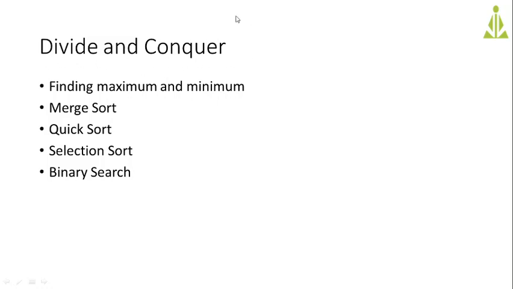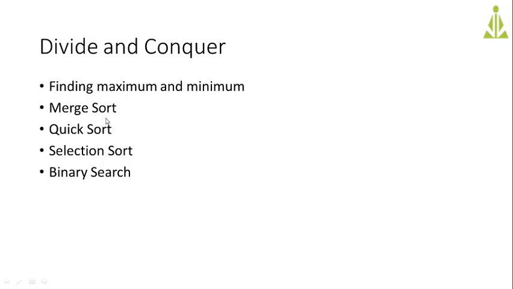So what kind of problem can be solved with this method? That is the find maximum and minimum problem. Whenever we have a maximum and minimum problem, you will use divide and conquer, then it will be easy for you. And divide and conquer has merge sort.